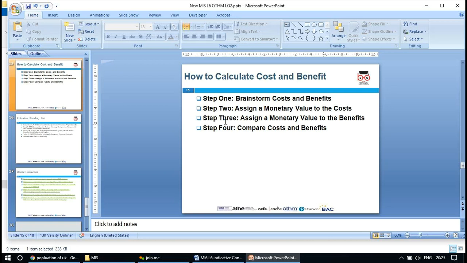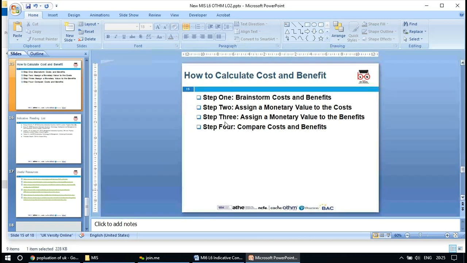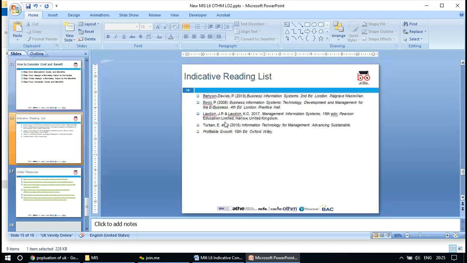So the easy way would be the total cost and the benefit. You subtract the total cost and overall you compare it, to decide how you want to go ahead. So that's the idea behind the cost and benefit.